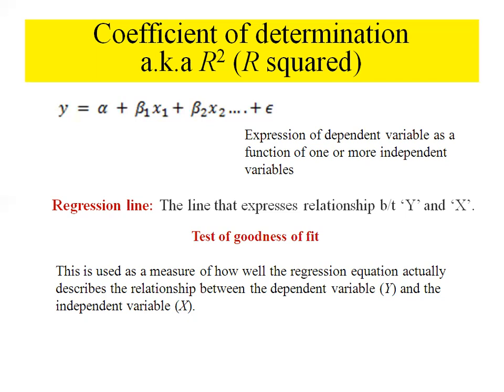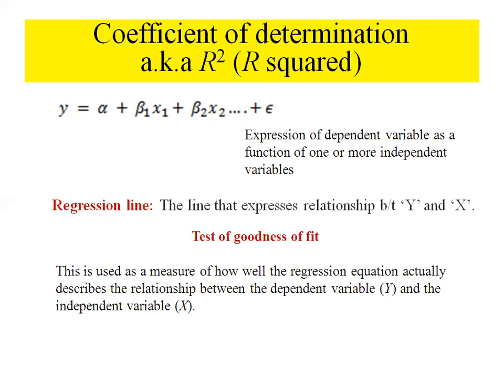For example, if it is y equal to a plus bx, a is the intercept or the constant, b is the estimate, and x is the x value. When we multiply the coefficient with the independent variable and add the intercept, we won't get y, we will get only y hat.